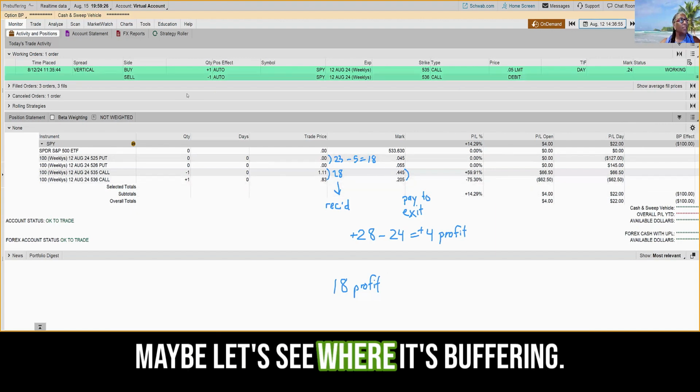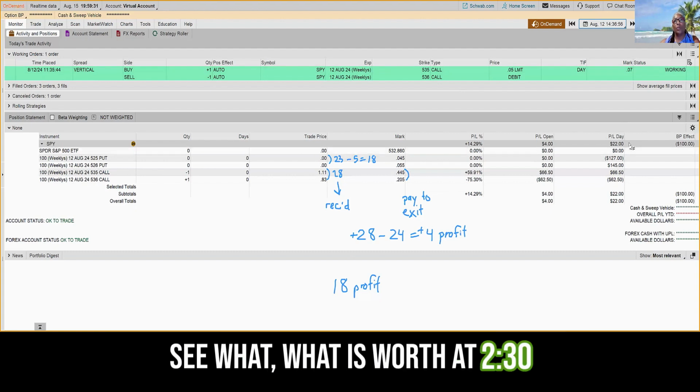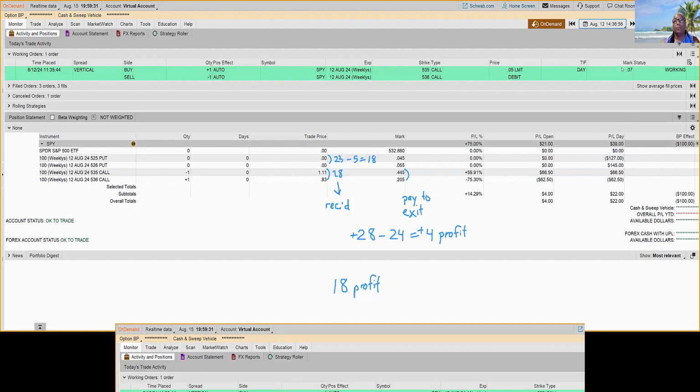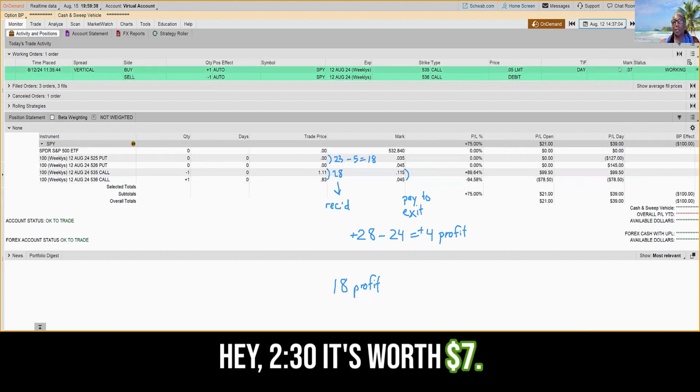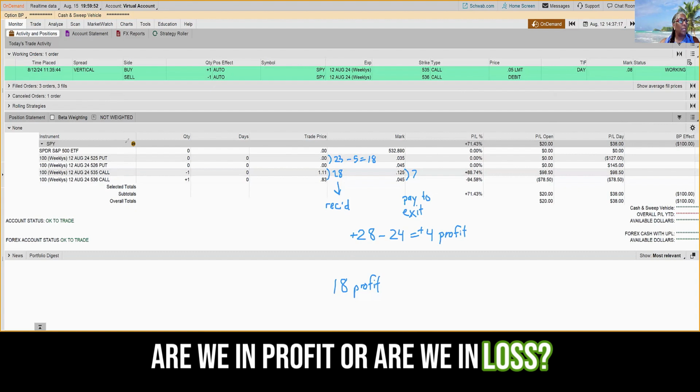Okay, let's see where it's buffering. Seeing what it's worth at 2:30. Okay, 2:30 is worth $7. Are we in profit or are we in loss?